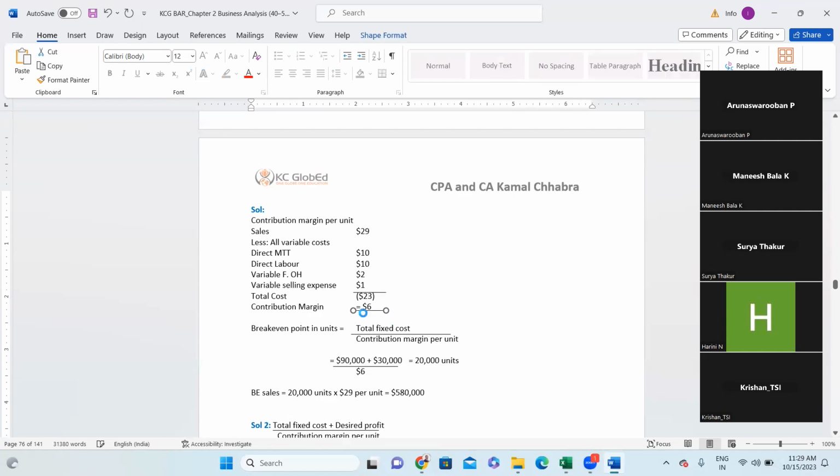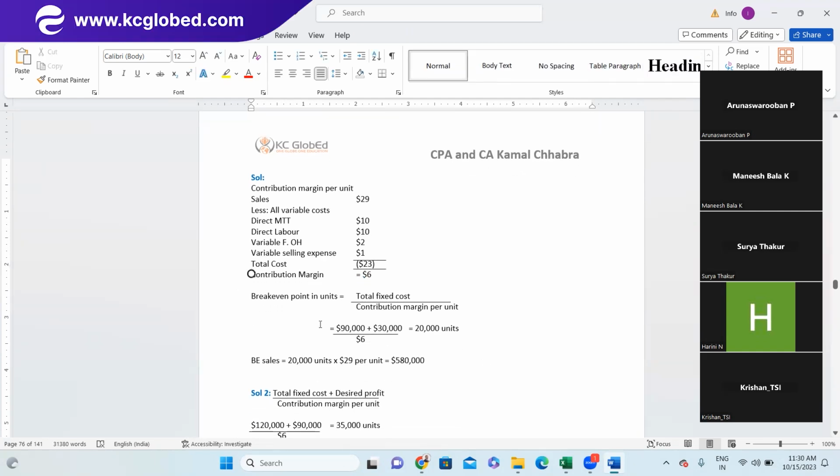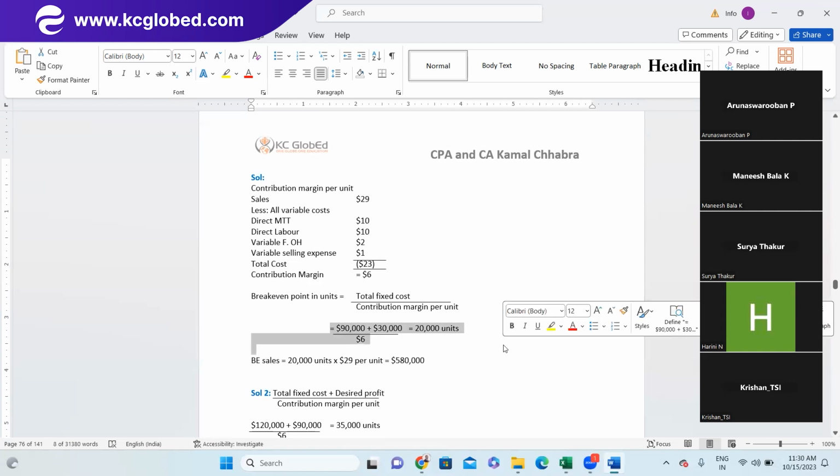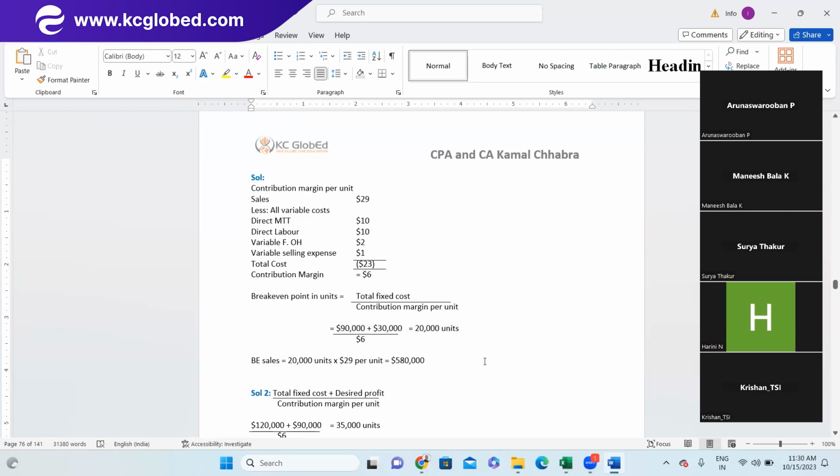So break-even point is total fixed cost, which we have calculated 120 divided by 6, right? So 20,000 units. So far so good. Everyone agree how we have calculated 20,000 unit? Yes, Kamal. Yes, sir. Okay.